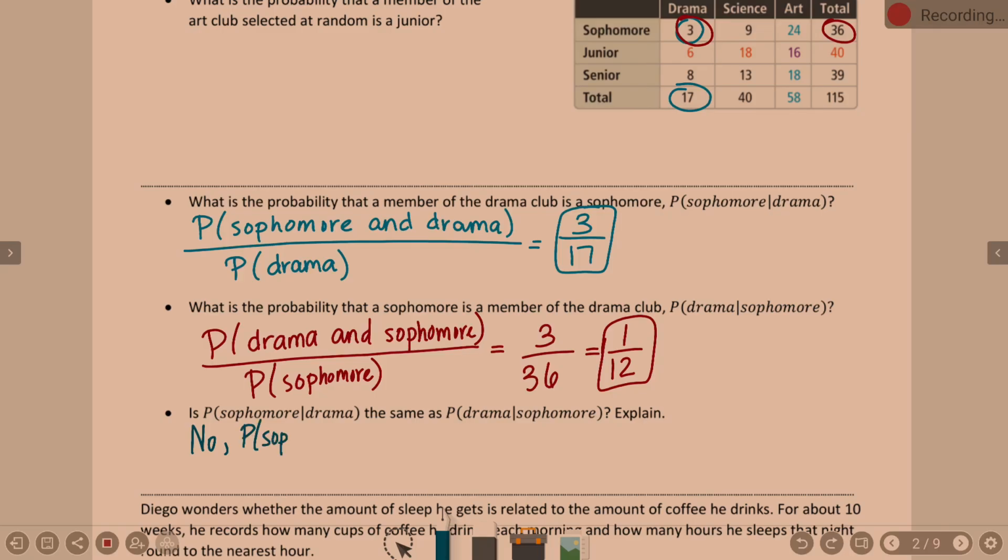And what I will say is probability of sophomore given drama, that compares sophs and drama to all drama club members. And yes, sophomores have become sophs because it's shorter. So, probability of soph given they're a drama club member compares sophs and drama to all drama club members.